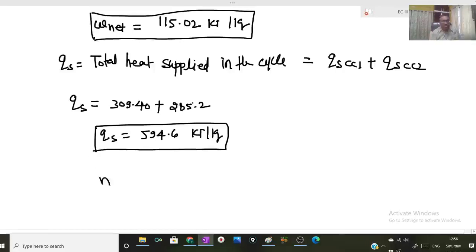So thermal efficiency will be net work output 115.02 divided by 594.6 into 100.